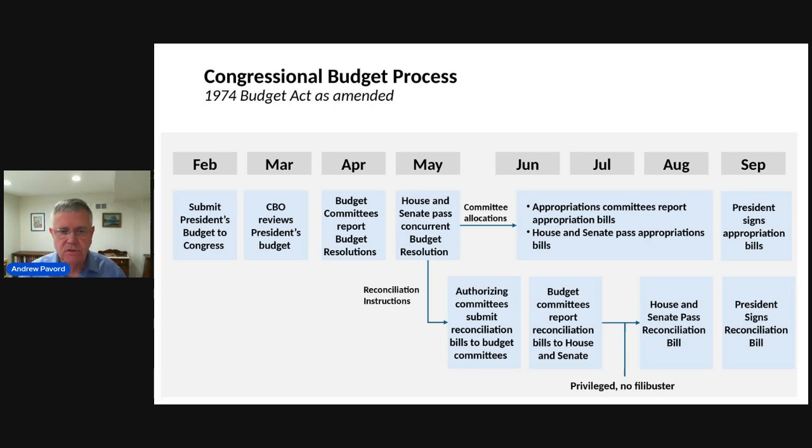And then the subcommittees are also given budget authority later on by the appropriation committee chairs and appropriation committees. And then there's an appropriation process that goes on through the summer where appropriation committees have hearings and then they pass bills that are reported to the floor. And eventually the goal is that the appropriation bills would pass the House and the Senate by September, and the president would sign the appropriation bills into law.